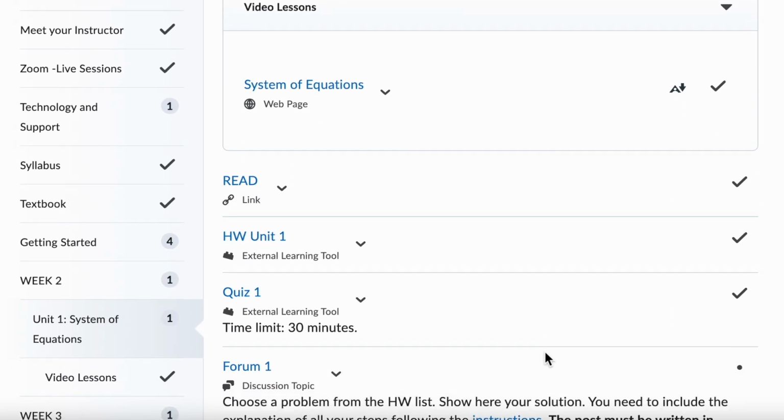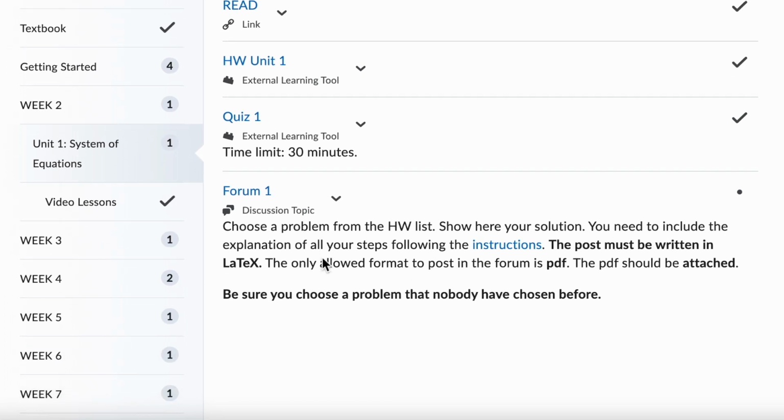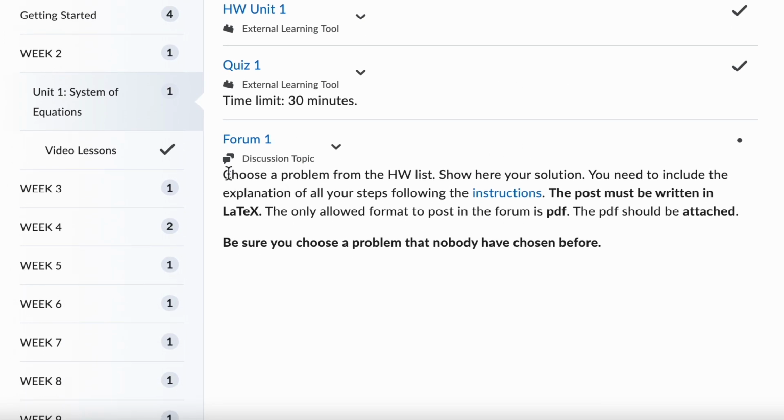Okay, so that's the homework, and now the forum that I mentioned before. Essentially, for the forum, you need to choose a problem from the homework list, the list of problems that I just showed. Just choose one of them, whichever you like. For that problem, you have to show the solution.